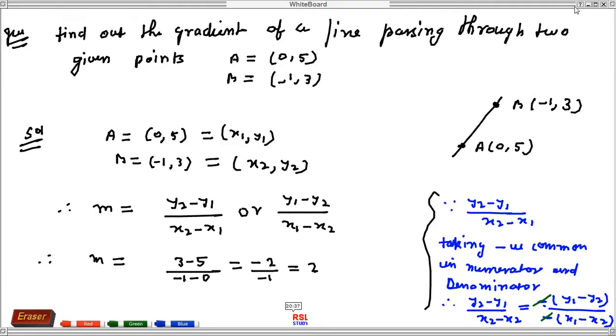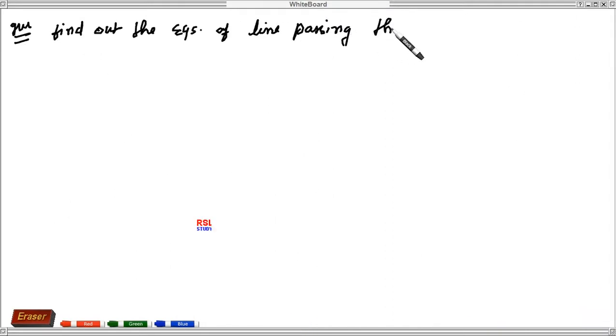Now we'll see another question. Find out the equation of a line passing through the given points.